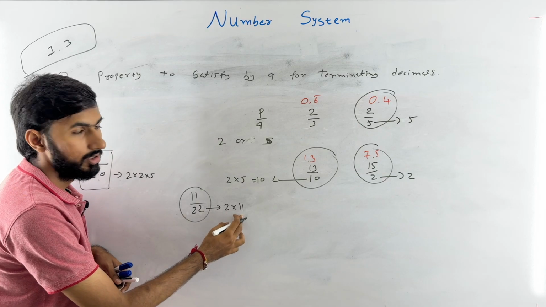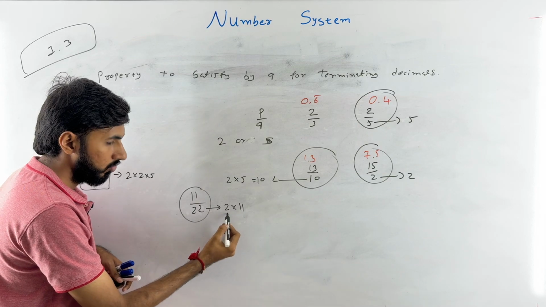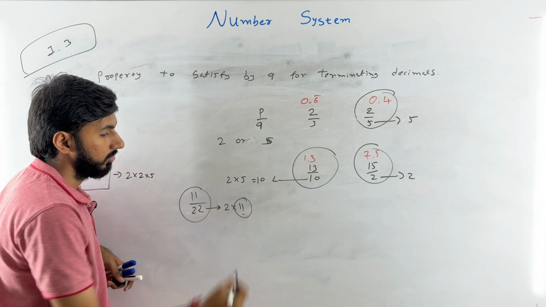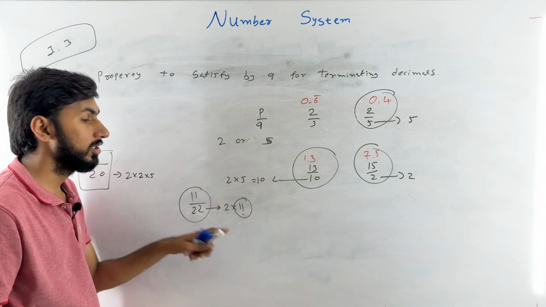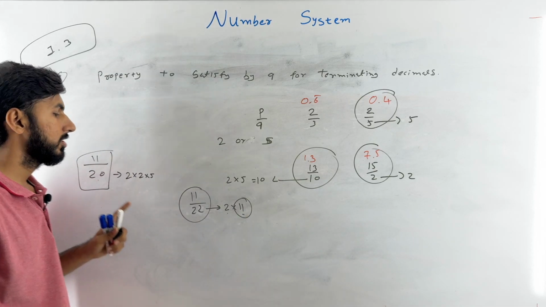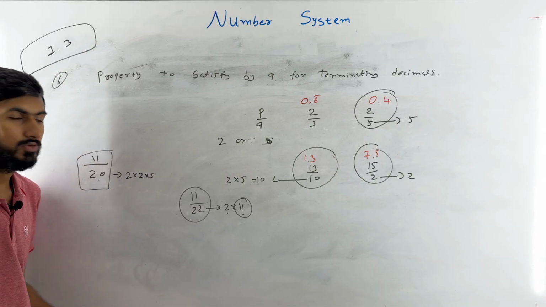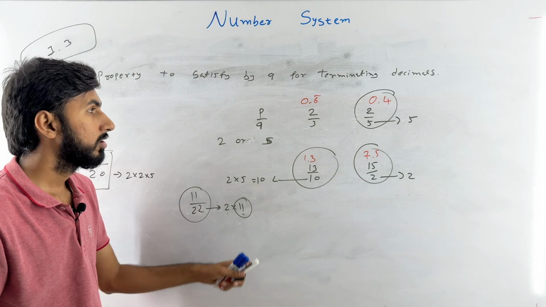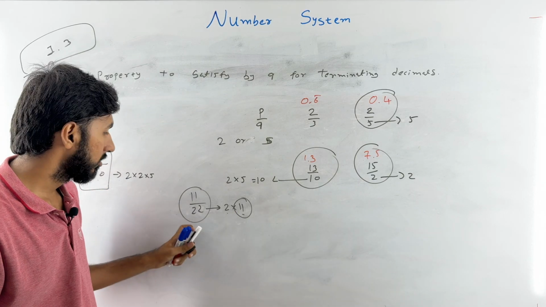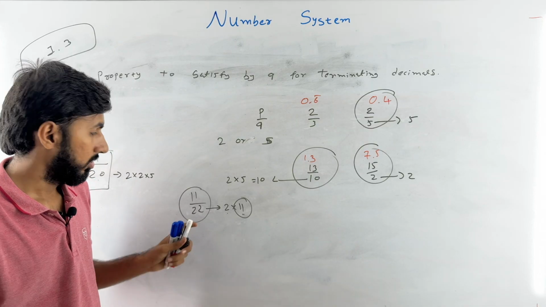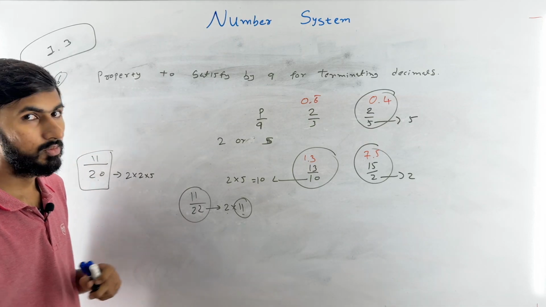Here we have 2, but 11 is also present here. So the condition is you can only have 2's and 5's. 11 cannot be here for the terminating. So the decimal expansion of this number is non-terminating.